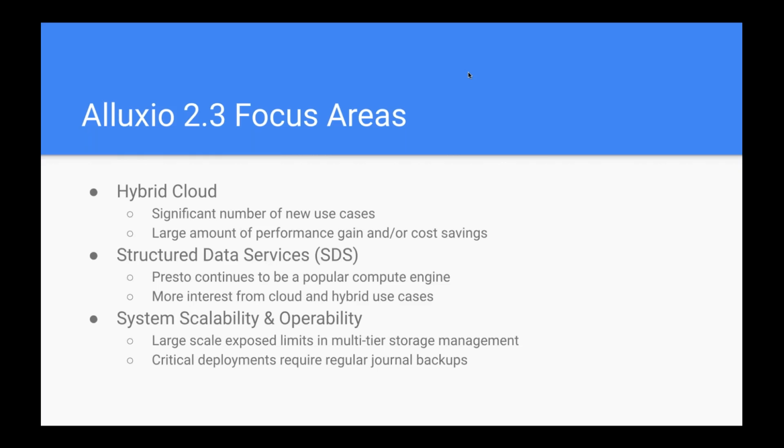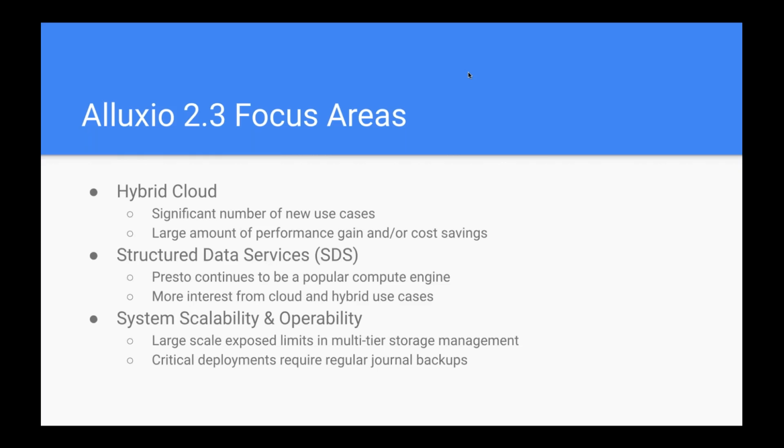The main point here for a lot of those users was that Alluxio was pretty easy to set up, as well as it just provided a large amount of performance gain or cost savings in those use cases. So we've put a lot of effort in 2.3 in order to help address those specific use cases, as well as any issues that they've encountered.